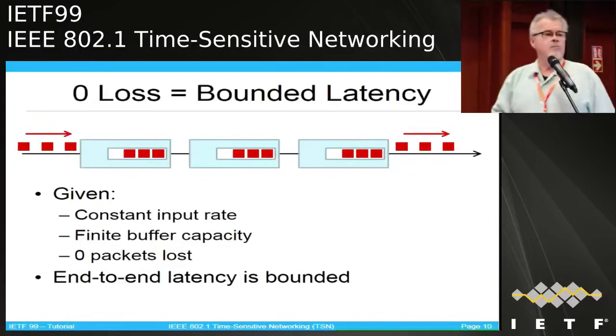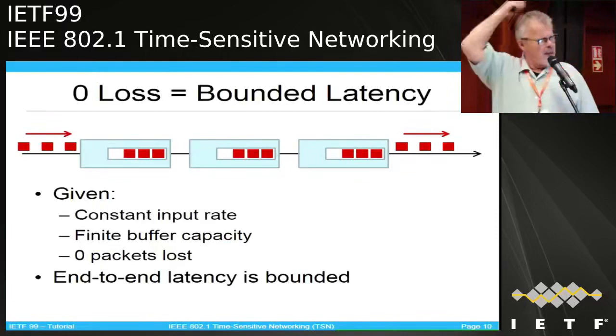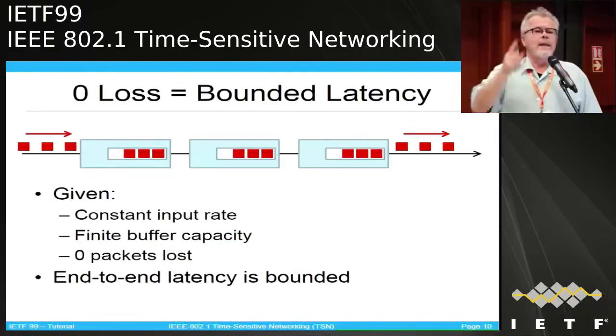Now, if the given is constant input rate, and I should flag you here, we can't solve everybody's problems. There's one kind of problem that we are interested in solving, and that's constant bitrate streams. If you have a widely varying bitrate stream, we can't help you. It's got to be relatively constant.